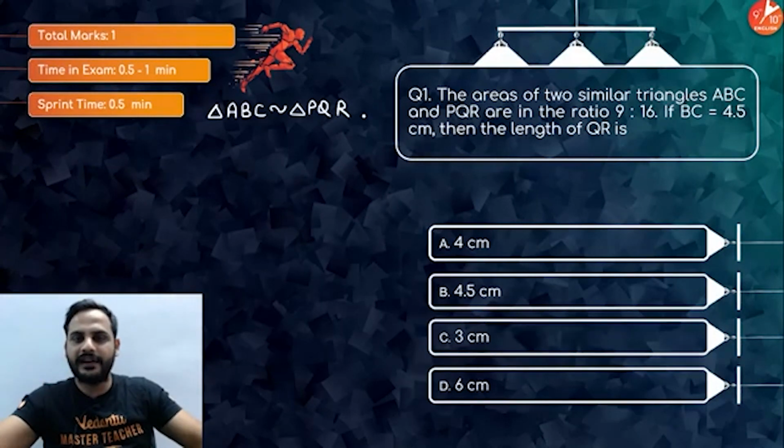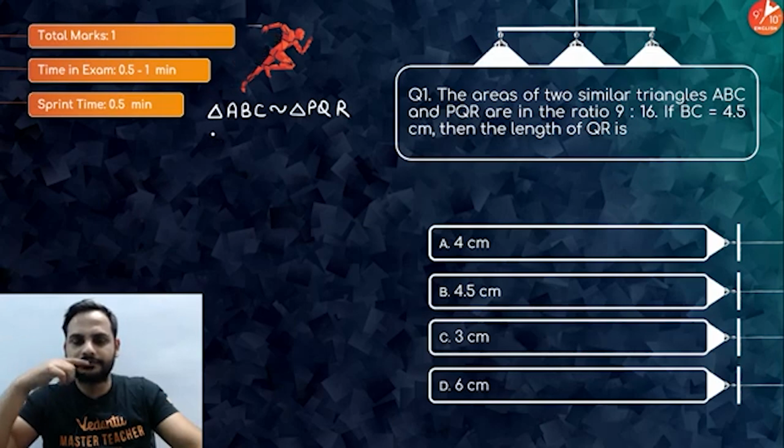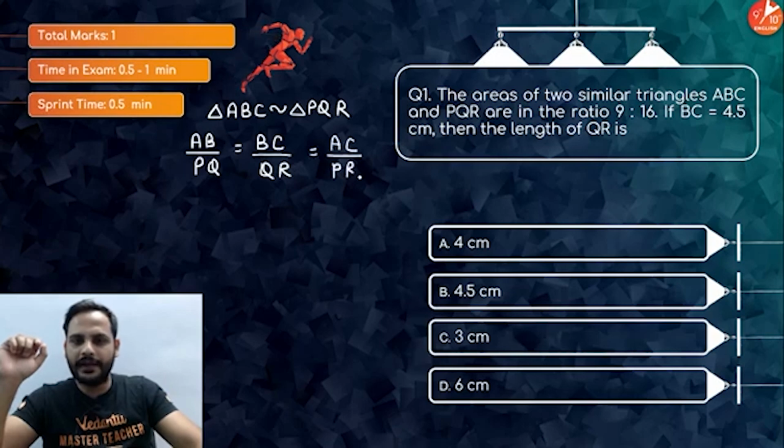Since triangles are similar, I can say the corresponding sides, triangle ABC similar to triangle PQR, are AB upon PQ is equal to BC upon QR is equal to AC upon PR.